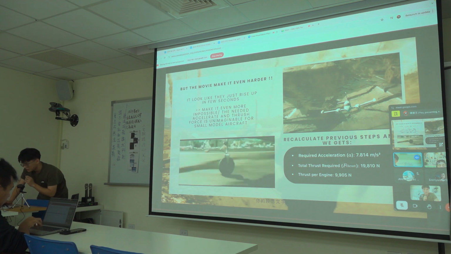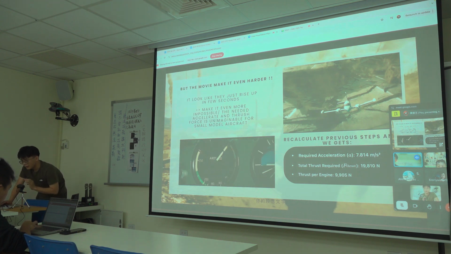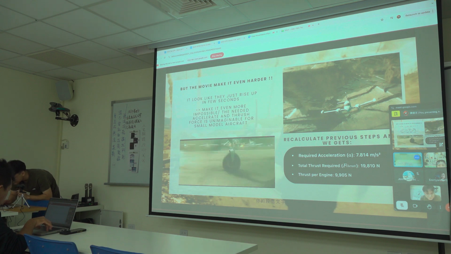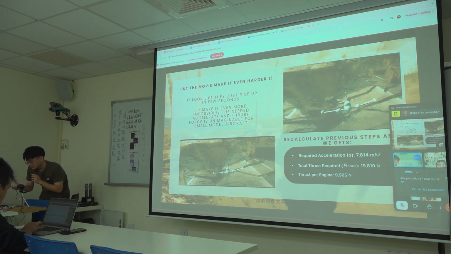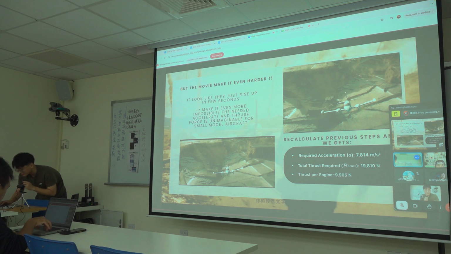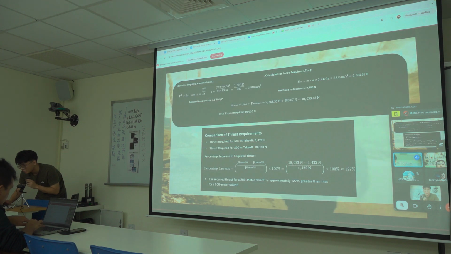Because it just needs a very short distance to take off. Where in your calculation do you use this 200 meters? Here.